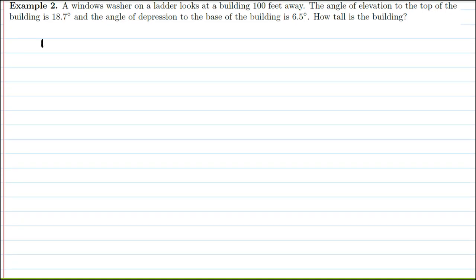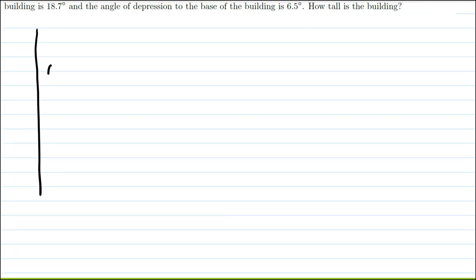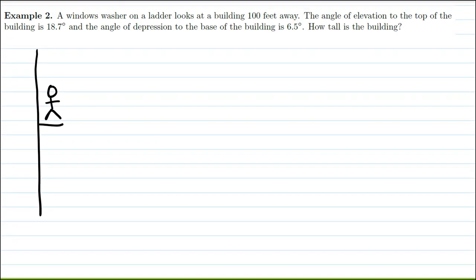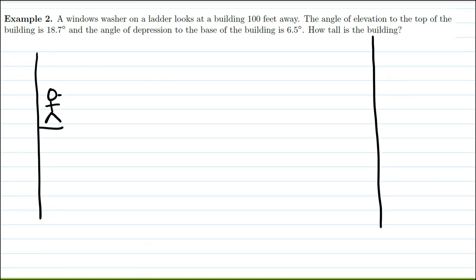All right, so we've got some building over here. We have a window washer hanging out here, and then we have another building over here. And we're told that the distance between the buildings is 100 feet.